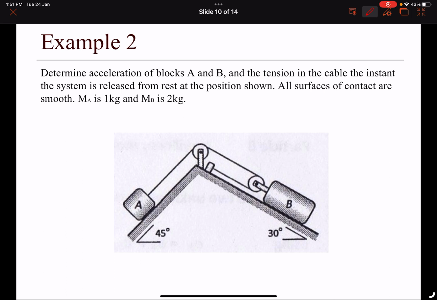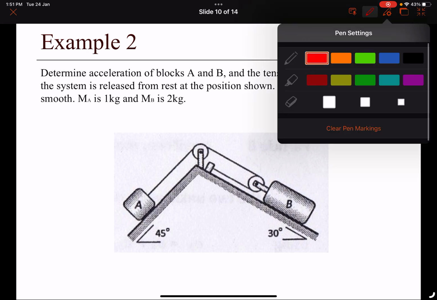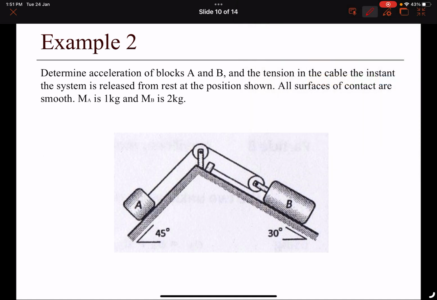Again, you have to understand the blocks, the diagram or the picture, and also the given information there. Then you have to identify what is the available input from the question, and also understand what you are trying to solve.